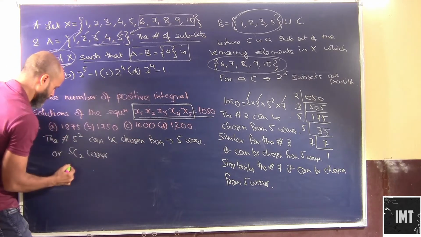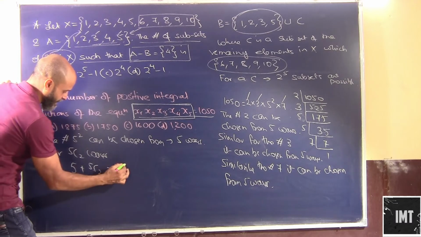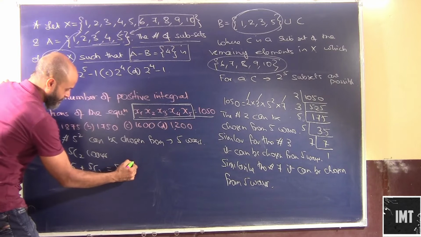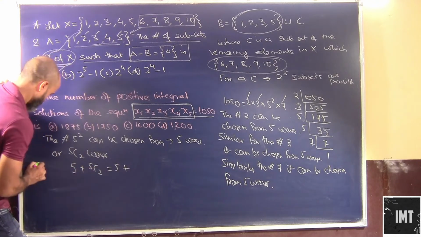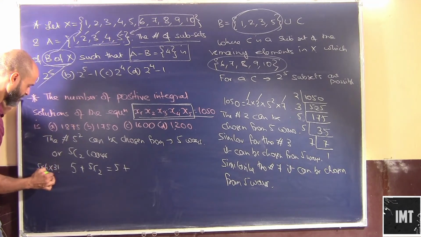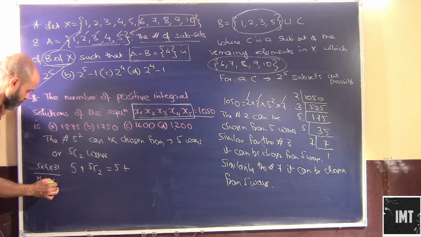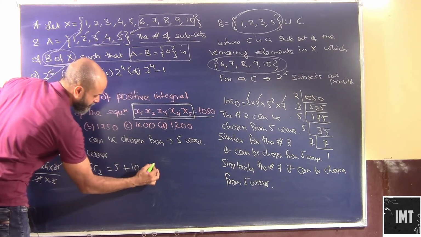So this is basically an OR condition, which means 5 plus 5 C2. 5 C2 is 5 into 4 upon 2, which is 10. So this will be 15.